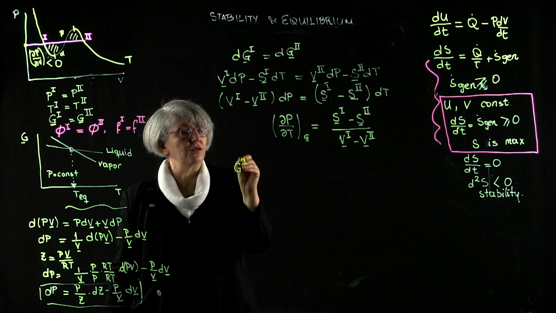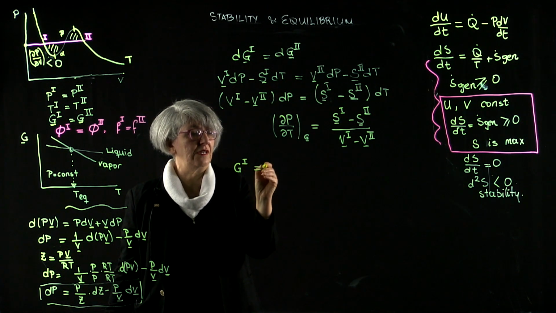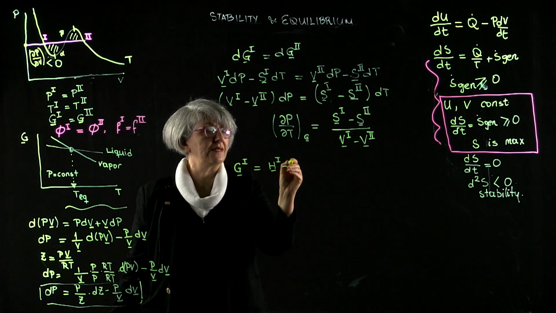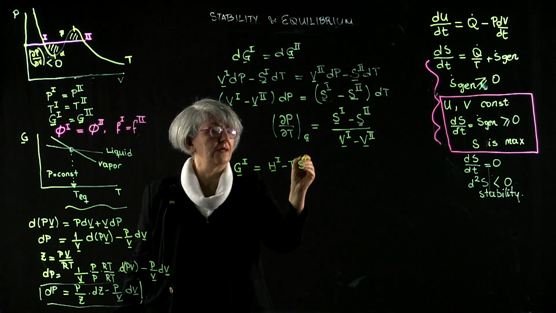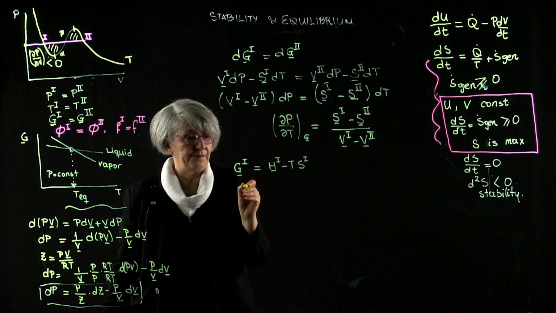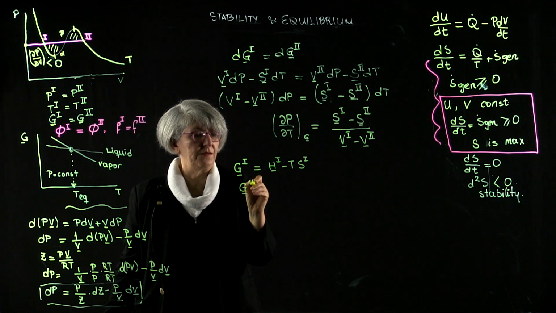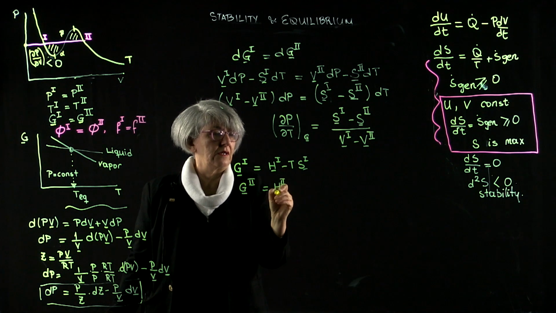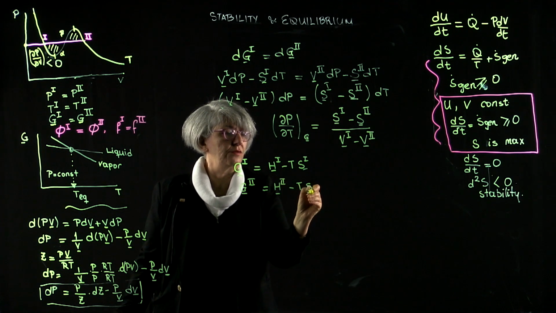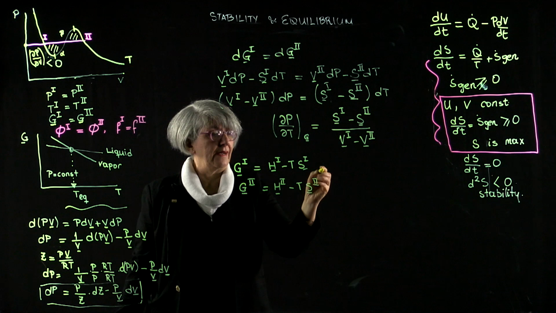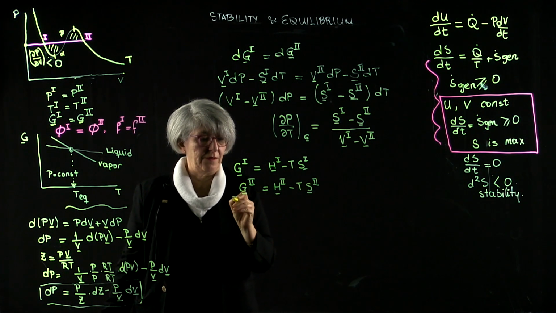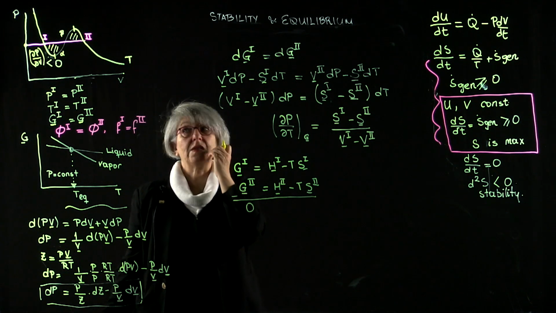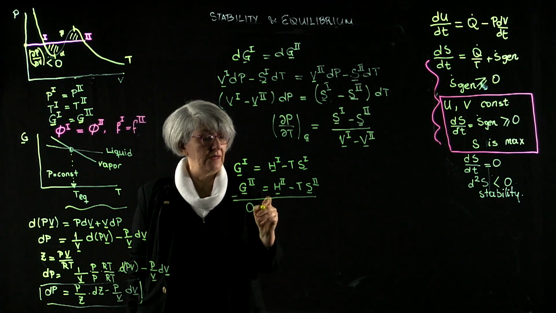Again, we are going to invoke the equalities of the Gibbs free energy, but this time we are going to write this as H1 minus T S1, and Gibbs free energy in phase 2 will be H2 minus T S2, and the difference will be 0 here, equalities of the Gibbs free energies.